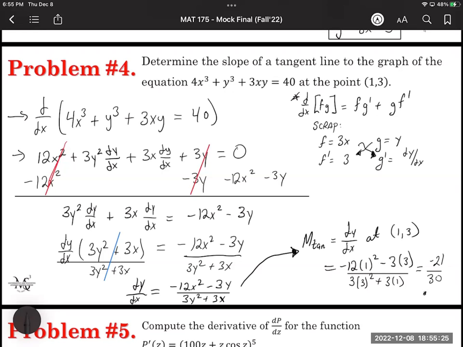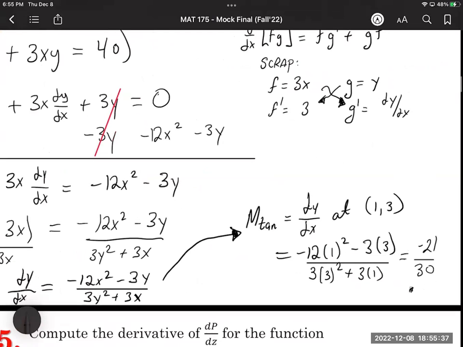You could have reduced your slope if you wanted to. If you reduce this, what would the final answer be? -7/10. Yeah. So you have -21/30, or you can say -7/10.